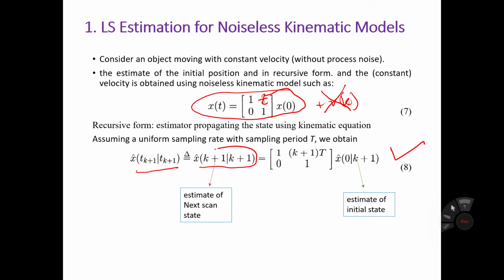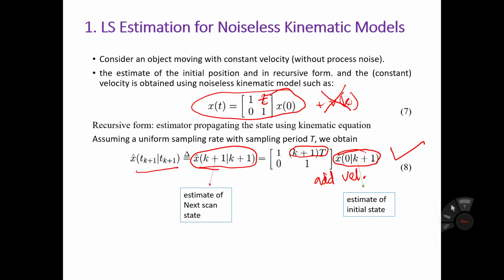And how we get this, as you already know, if we add k plus 1 times t, it will add the velocity and the initial state estimate at time 0.